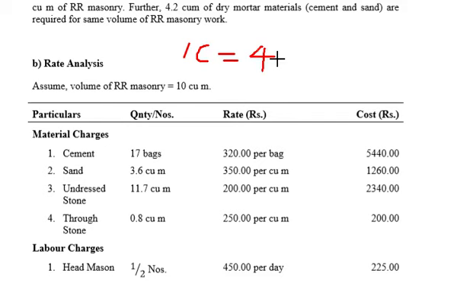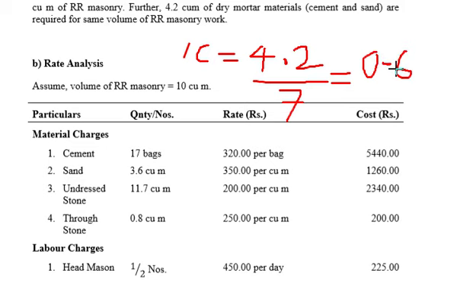As you all have your notebooks with you while watching this video, please calculate how much cement is required for 4.2 cubic meter. The ratio is 1:6, so that will be 4.2 divided by 7. I calculate over here.